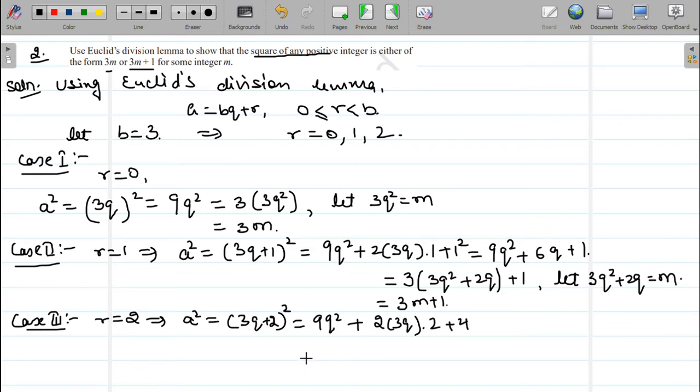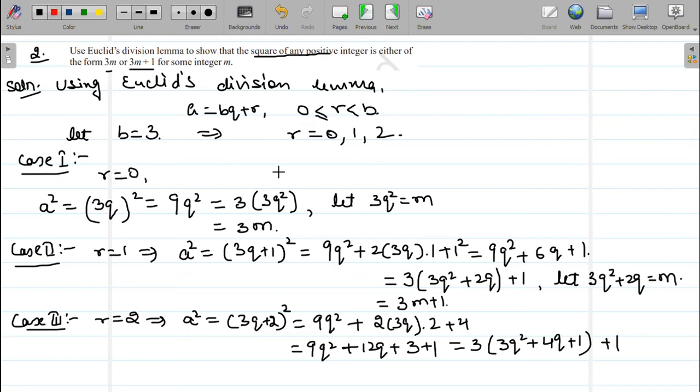So I rewrite it as 9q square plus 12q plus 4. I can break 4 as 3 plus 1, so that I can take a 3 common from the first three terms. So 3(3q square plus 4q plus 1), and this is plus 1.